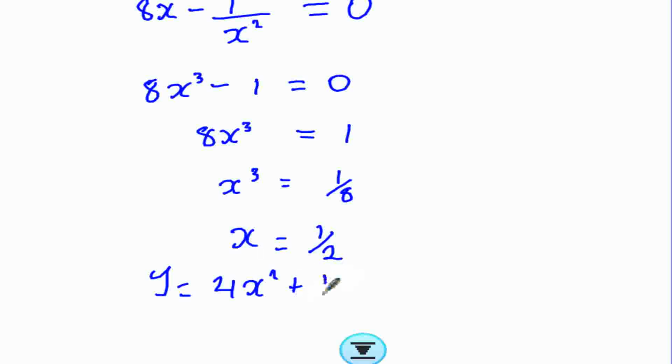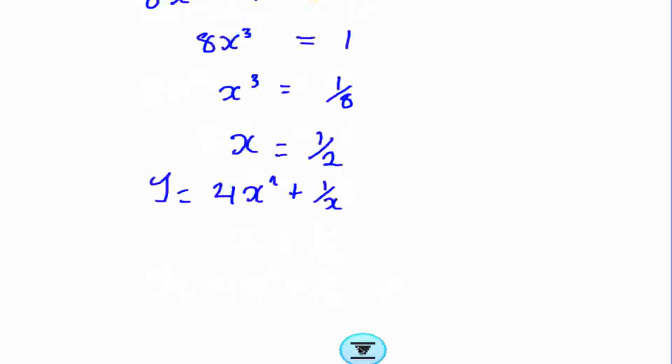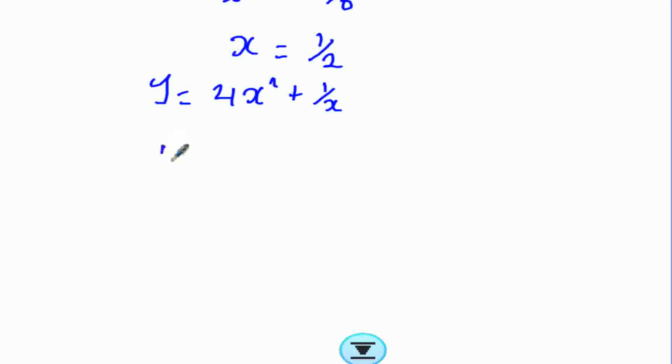Substituting in to find the y value, it will be y equals 4 times 1 over 2 squared, and then plus 1 over x, which is a half.